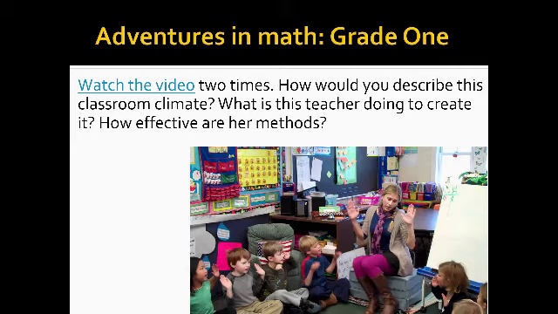See if you can label the climate as you see it. See if you can identify what is contributing to that classroom climate. And you may even want to evaluate whether or not you think that is effective or conducive to learning. So, another little way that you can take a look at a classroom with a specific eye to classroom climate.